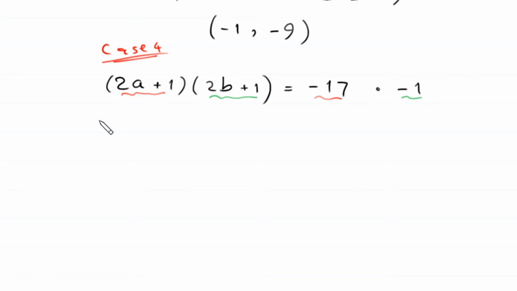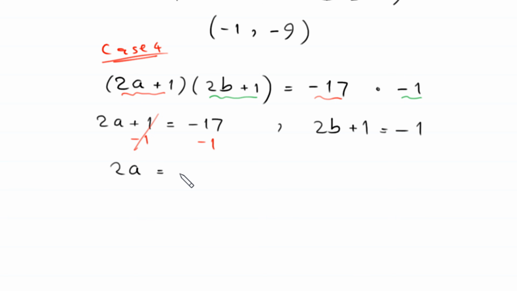So this will become 2a plus 1 is equal to negative 17, and 2b plus 1 equal to negative 1. From this equation, if we subtract 1 from both sides, 2a is equal to negative 18, and if we divide both sides by 2, we get the value of a negative 9.